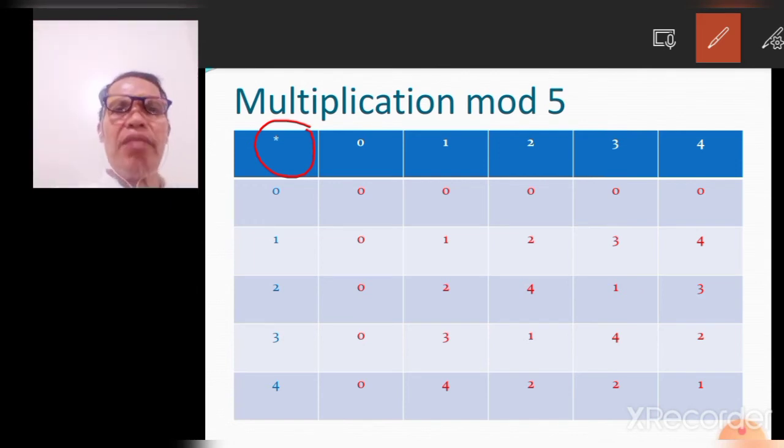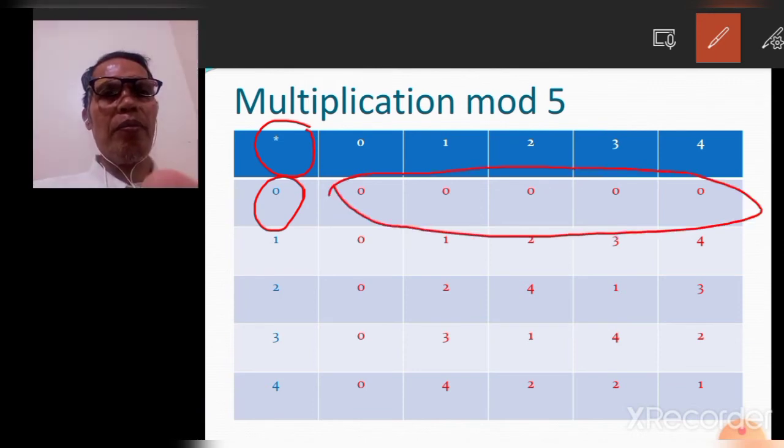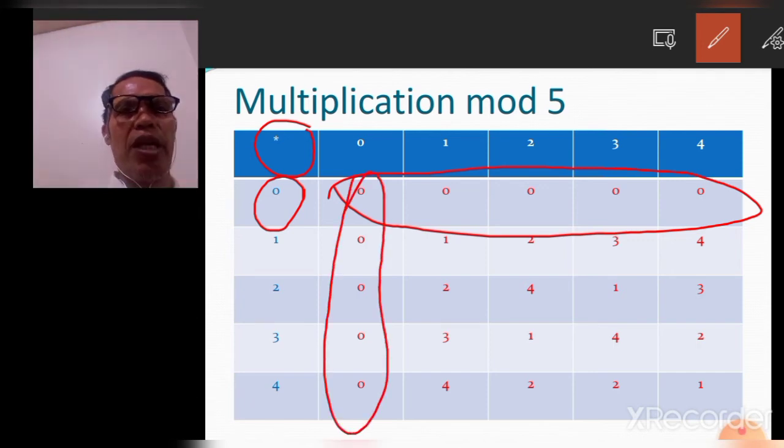Any number multiplied by 0 is equal to 0. Therefore, if you multiply 0 by all the numbers in white, the results must all be 0. The same thing with 0 white multiplied by any number in blue, the result is also 0.